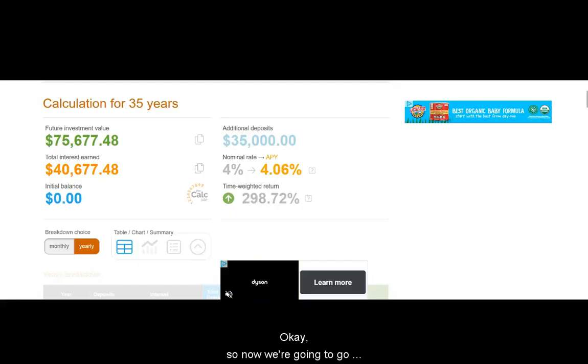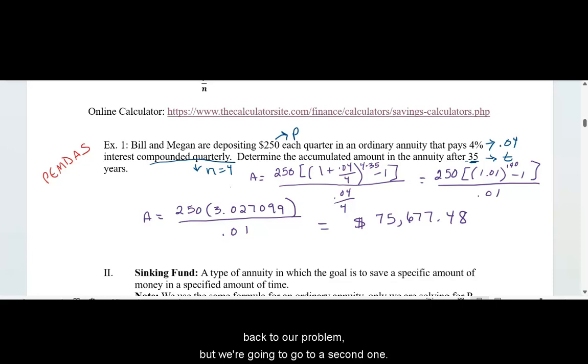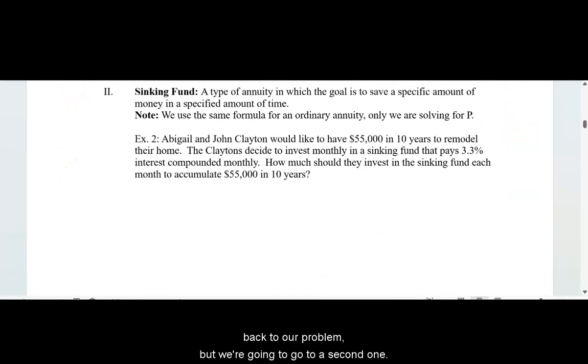Okay, so now we're going to go back to our problem, but we're going to go to a second one. This is called a sinking fund, and I'll explain why we call it that. Because this now is when you have a goal of getting a specific amount after a specific amount of time.